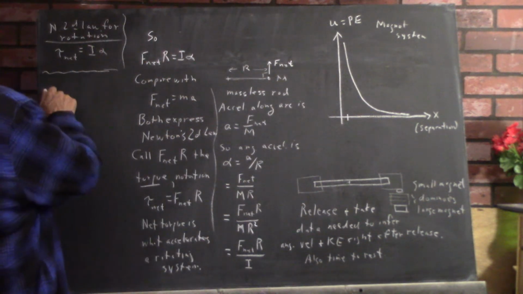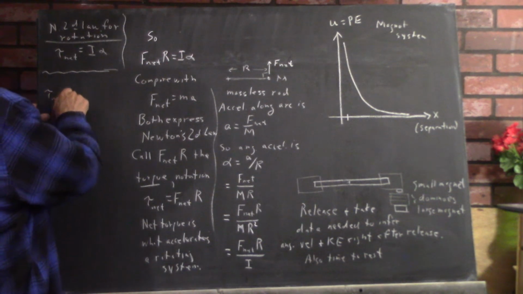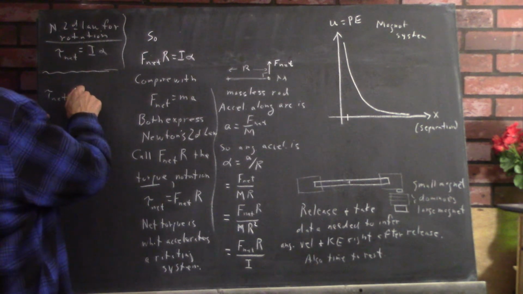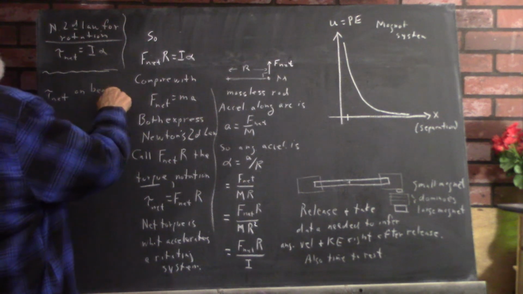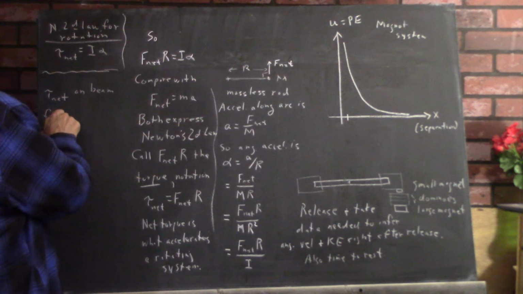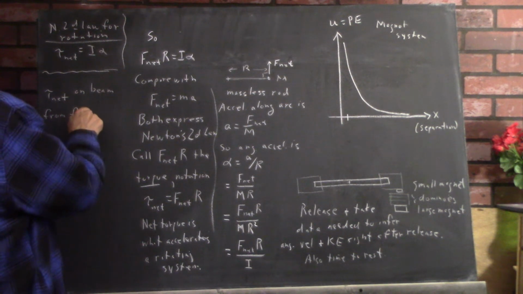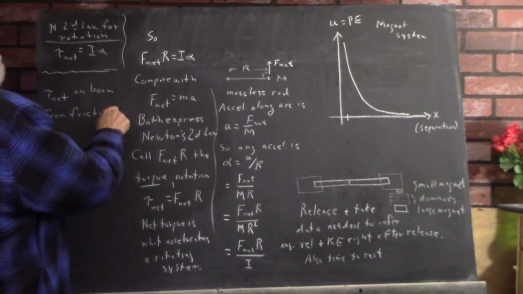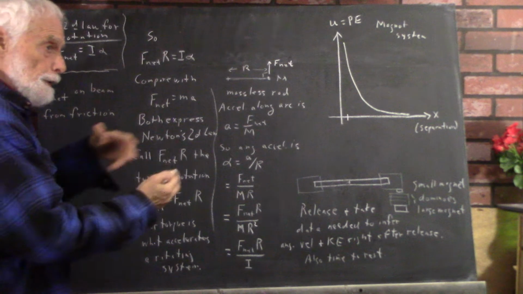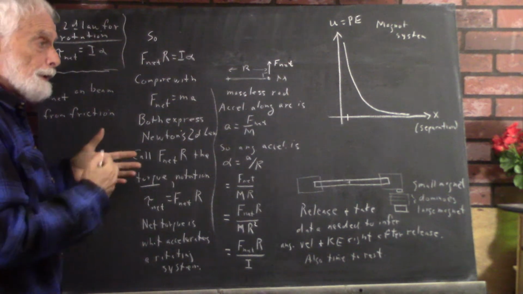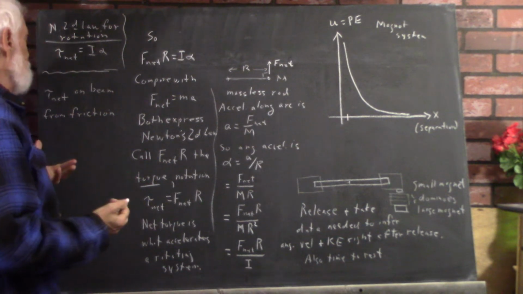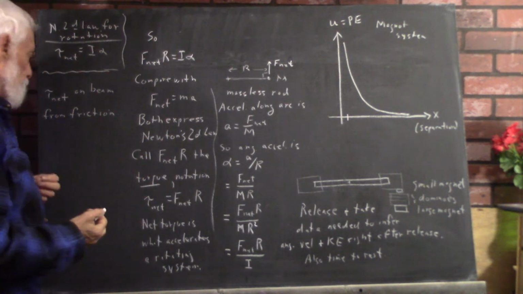So we'll close this with that's some friction, mostly in the bearings. It's got very good bearings because there's very little friction. But there is some because you see it coming to rest. There's also some air resistance, but we're going to kind of ignore air resistance.